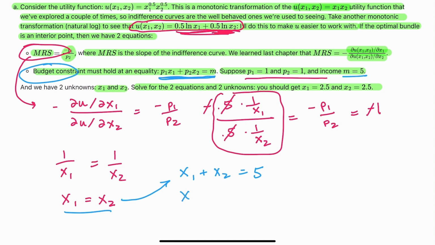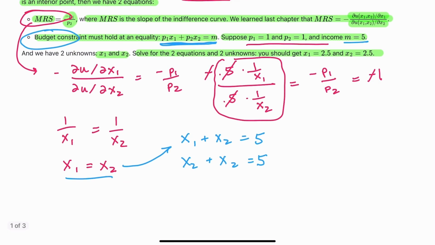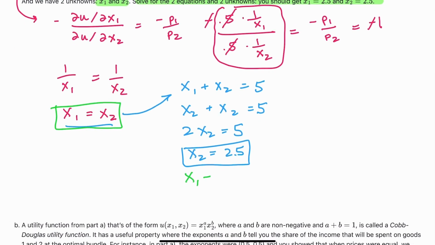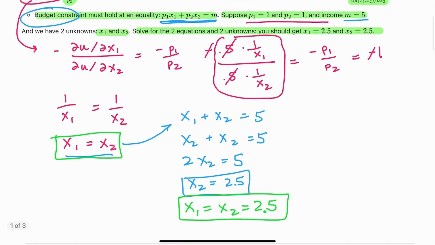So I'll get x2 plus x2 equals 5. And now I have one unknown: 2x2 equals 5, and x2 is 2.5. Then I can come back here, knowing that x1 equals x2. They're both equal to 2.5, which is what we wanted to show. Okay, so that's part A.